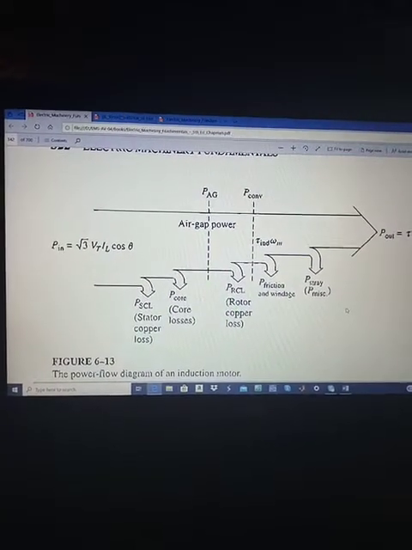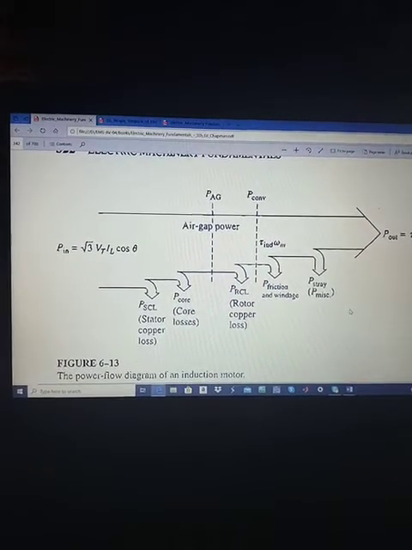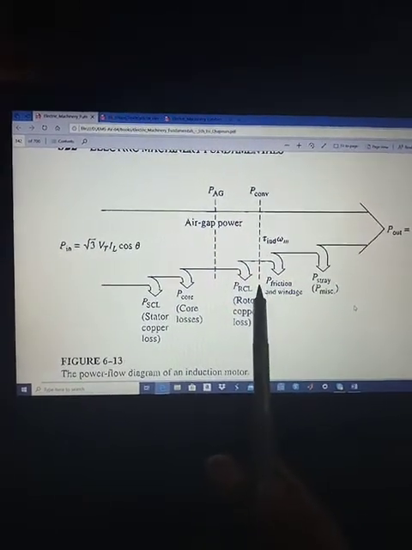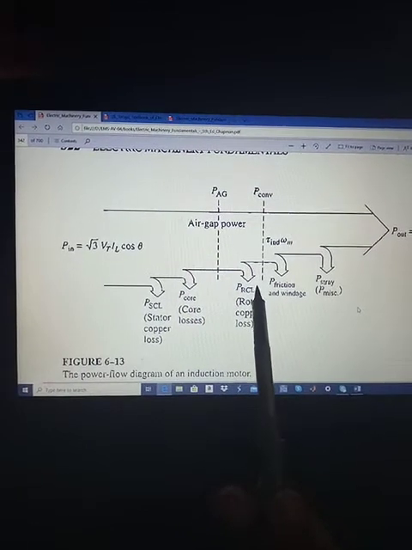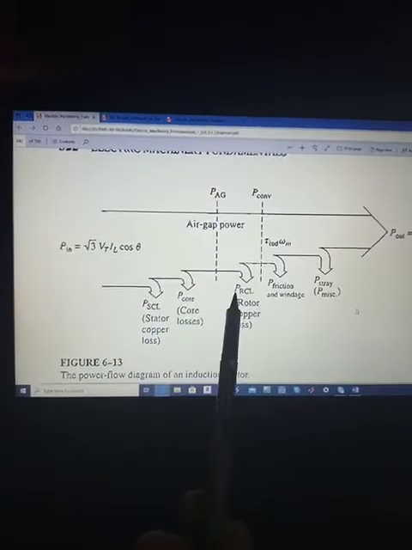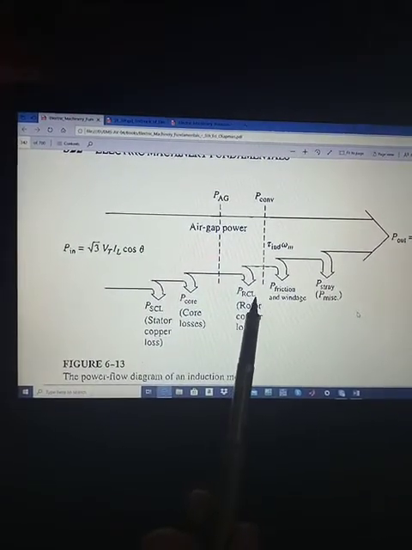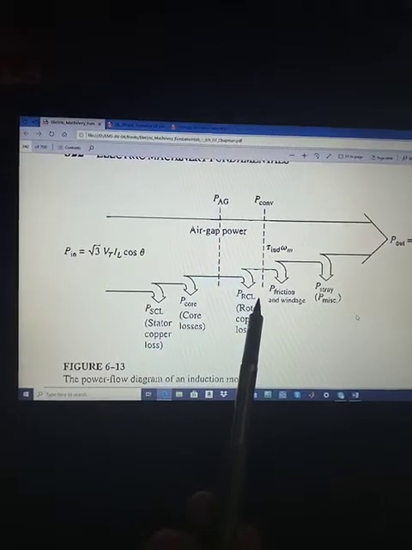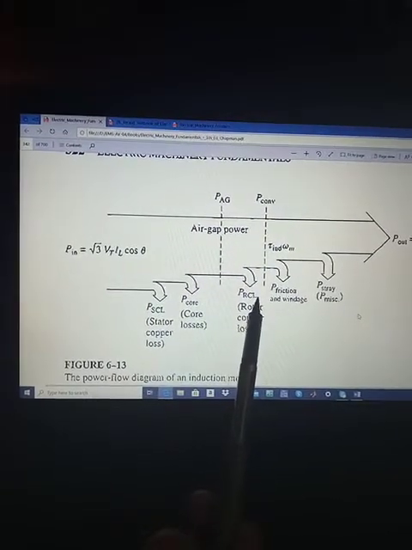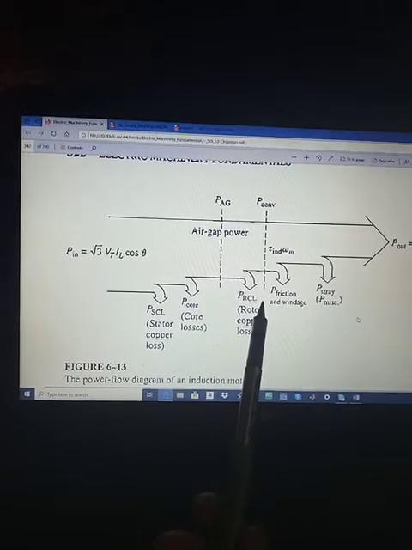After the power is transferred to the rotor, some of it is lost as I square R losses, because the rotor may be a cage rotor or a phase wound rotor. In a phase wound rotor, the winding is made of copper conductors, so there will be I square R losses.